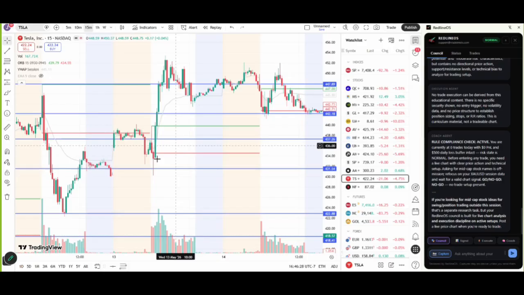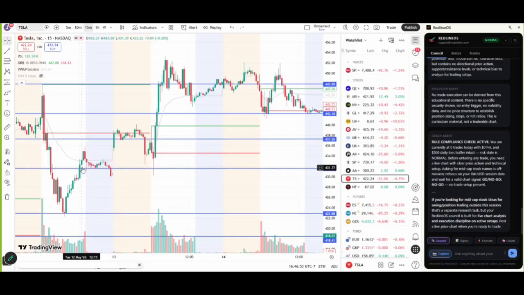For example, this is Wednesday the 13th, 2026, earlier this week. The market opens with a red candle, which signifies it's going down, it's bearish. However, you can see it actually had a gap up here, so it gapped up from the previous day's close.